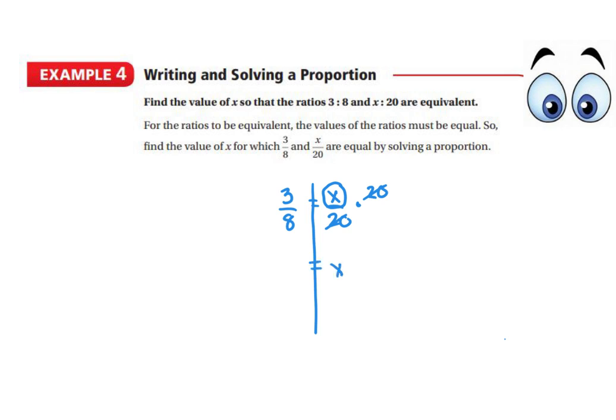Whatever you do to one side, you have to do to the other. So you would multiply by 20, and then here you could cross simplify. 4 goes into 8 twice, 4 goes into 20 five times, and you end up with 15 halves, or you could say 15 halves is 7.5.